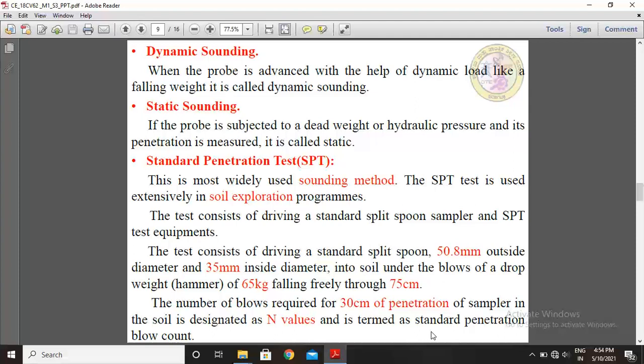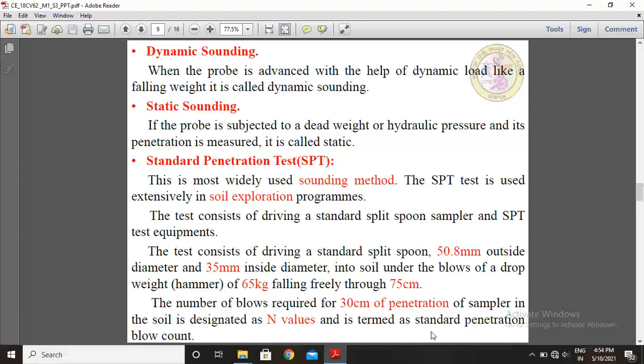Let us see in detail the explanation of the standard penetration test. This is the most widely used sounding method. The SPT is used extensively in soil exploration programs.